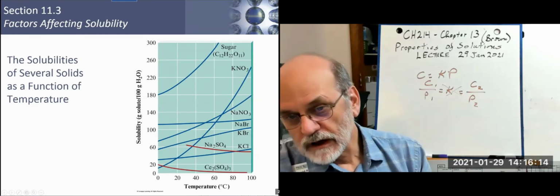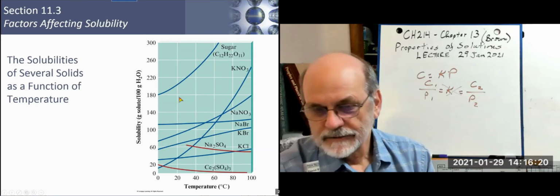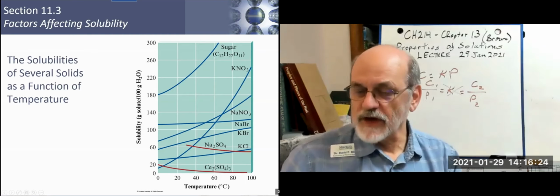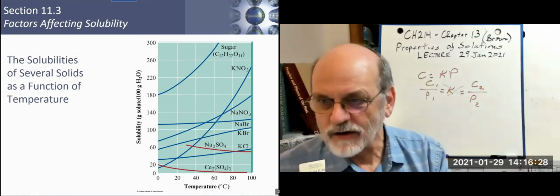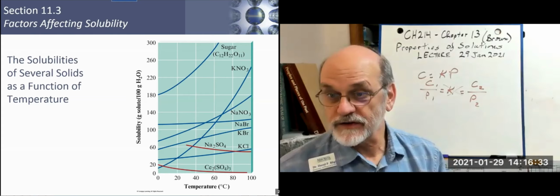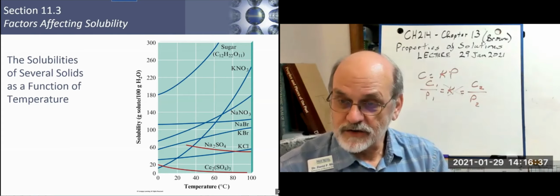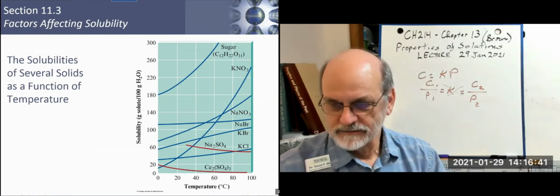Sucrose, sugar, increases solubility as the temperature goes up. That's why when you're making iced tea in the summer, you don't cool the iced tea down first and then add sugar. It takes forever to go into solution. You put the sugar into the hot tea before you dilute it with your ice water.